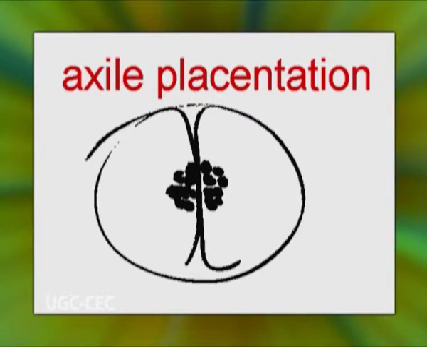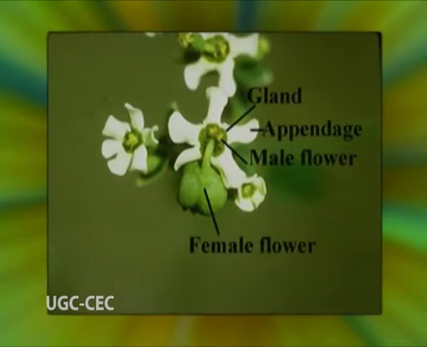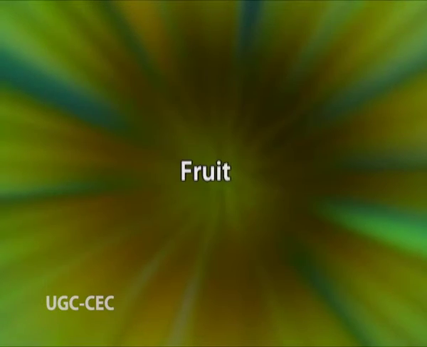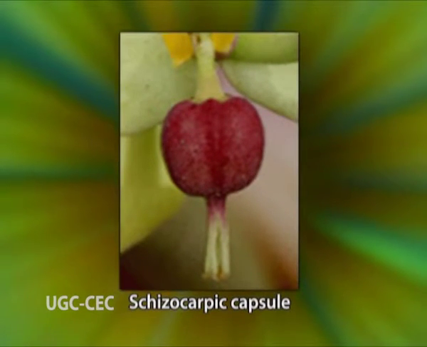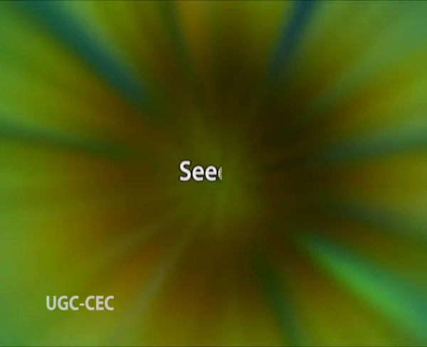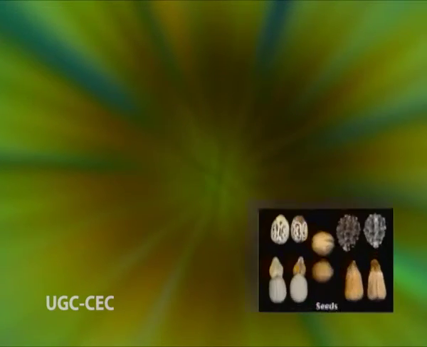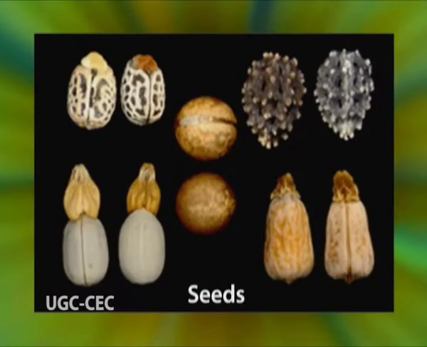Placentation is axile and pendulous. Nectaries are often present. Fruit: most common fruit in Euphorbiaceae family is schizocarpic capsule, rarely drupe, berry, samara or others, example Ricinus. Seed: it is endospermic, seeds often with a caruncle.